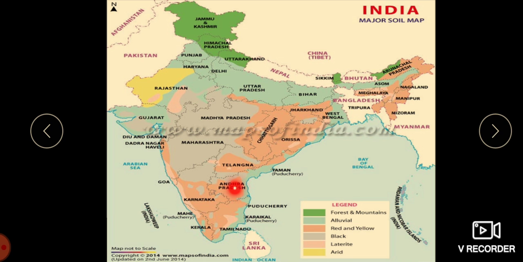Here we are having the Rayalaseema, and in Telangana we are having the whole Telangana and the eastern Tamil Nadu, especially at Tiruvannamalai and Cuddalore districts.